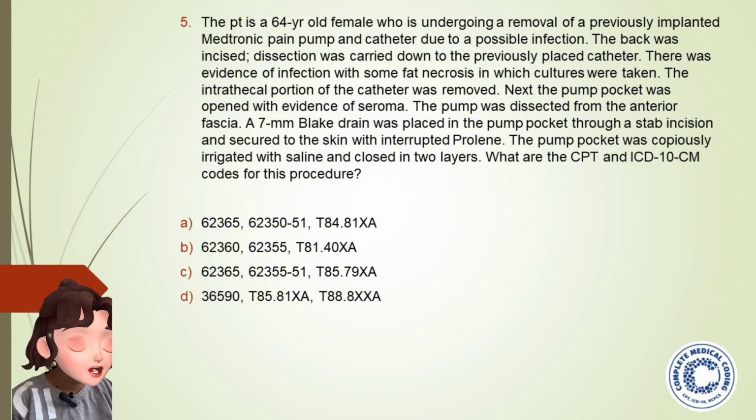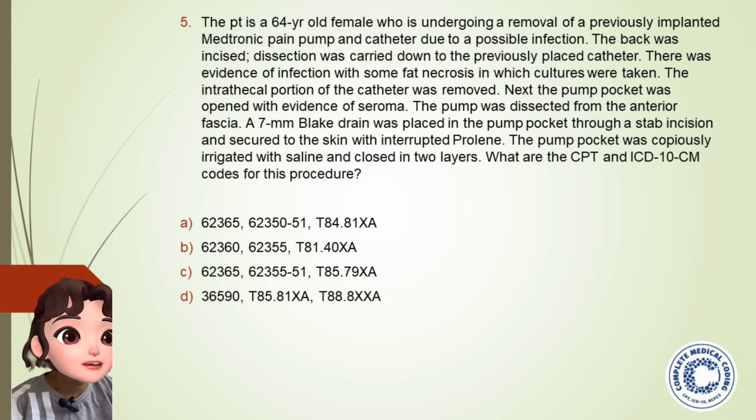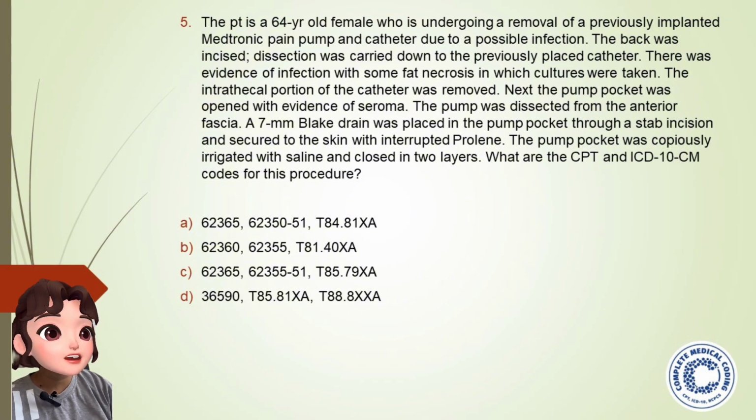Still, let's look into the last option, T88.8XXA, other specified complications of surgical and medical care. No, we already got the proper ICD code, which is in option C, T85.79XA.